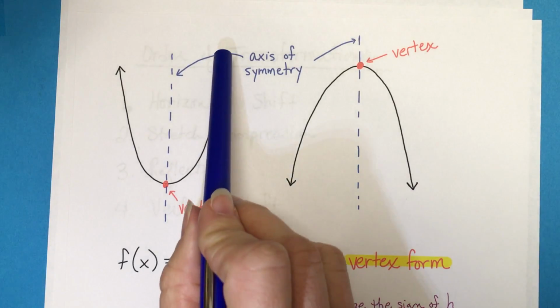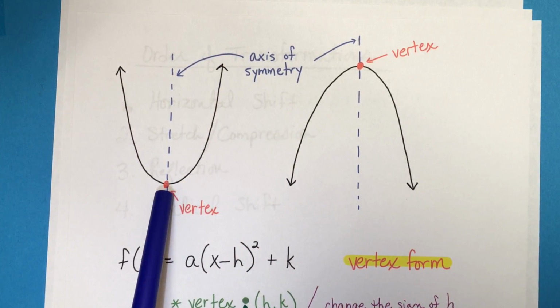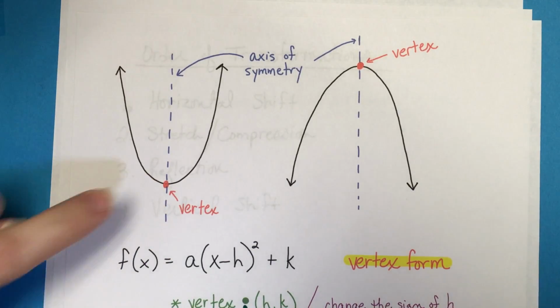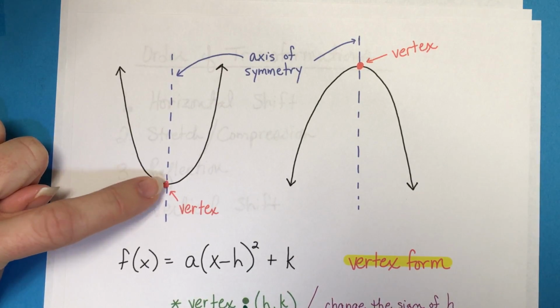Of course, in this case, when your parabola opens up and your vertex is at the bottom, this is actually a minimum point because this is the lowest point on your parabola. So that's referred to as a minimum point sometimes.